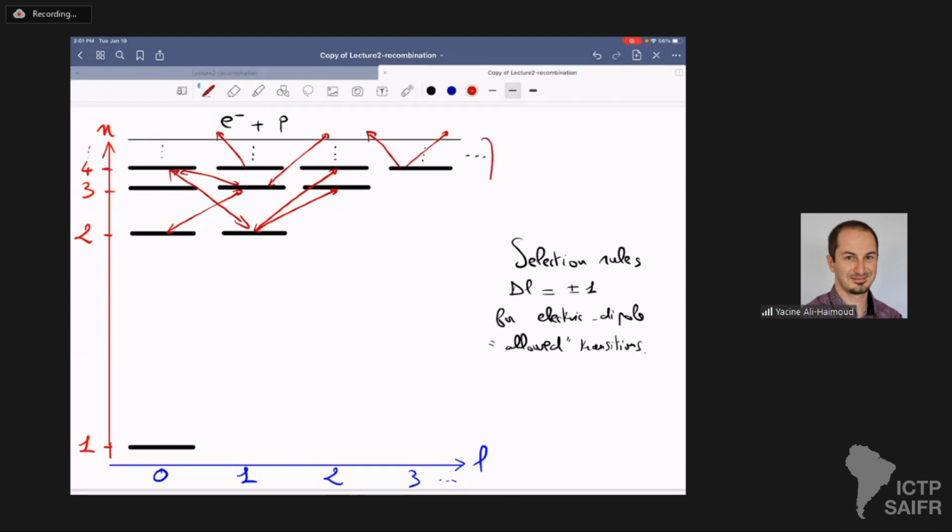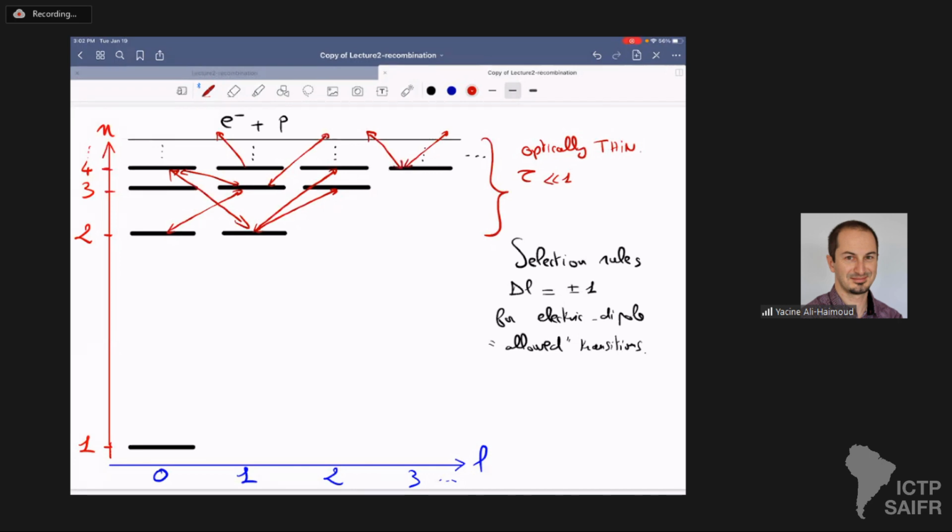Now, all of these transitions here, between excited states among themselves or between excited states and the continuum, are optically thin. What does that mean? That means that the optical depth, which is the probability for a given photon to be absorbed in any one of these transitions, is always much less than unity.